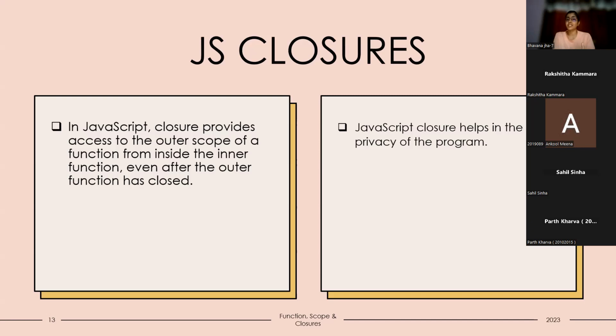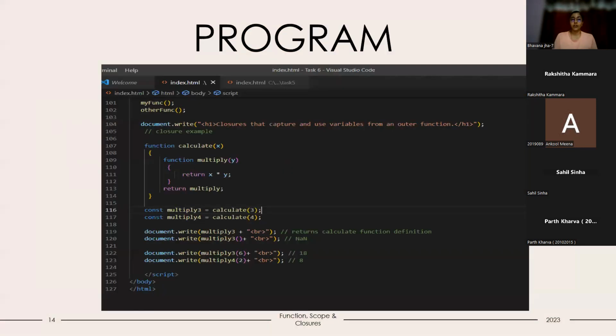Here closure provides us a lexical scope, meaning we close both the nested functions, but we still have the authority to access our outer function. So that is our closure. Basically, closure provides us data privacy in our program. So let's move on.